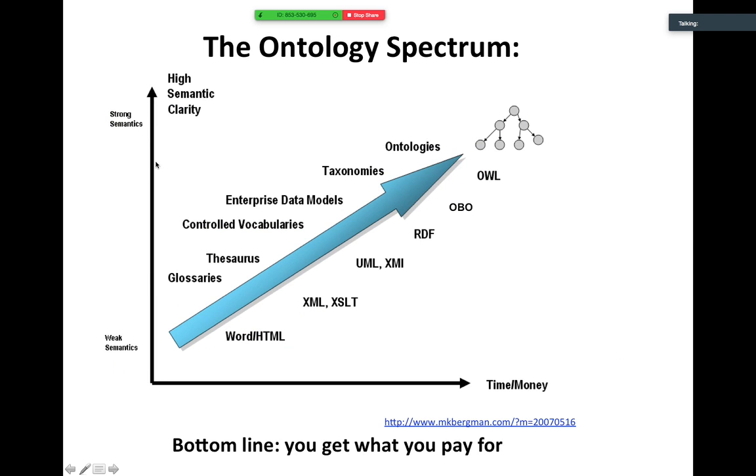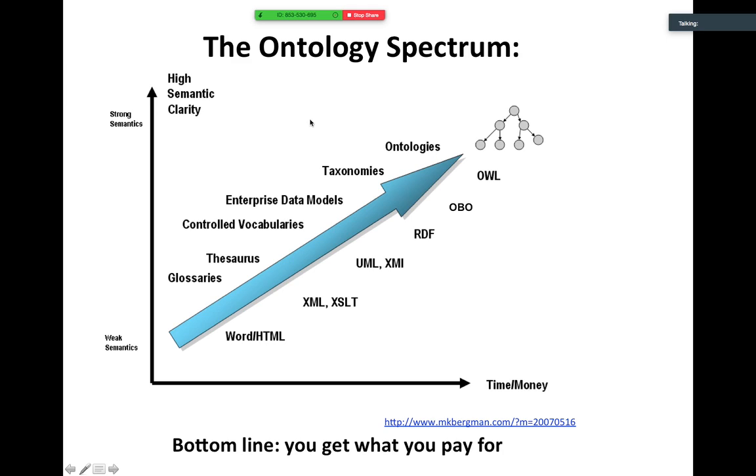So if you look at the spectrum of different types of ontologies, there's really a range of semantic clarity, and a range of how much it costs you and how hard it is to make them. So the simplest are glossaries, which you're familiar with, like what you would find at the end of a textbook, and they go up in complexity through controlled vocabularies, data models that might be used by different companies, taxonomies, and the top level is really ontologies.